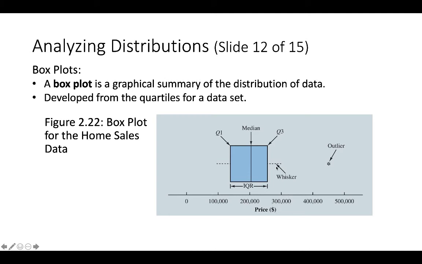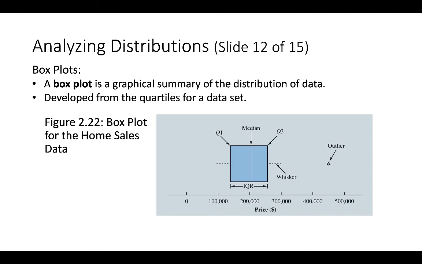So then we have the limit of $139,000 minus 1.5 times the IQR, which is the difference between the Q1 and Q3, which is $117,625. So that equals negative $37,437.50.